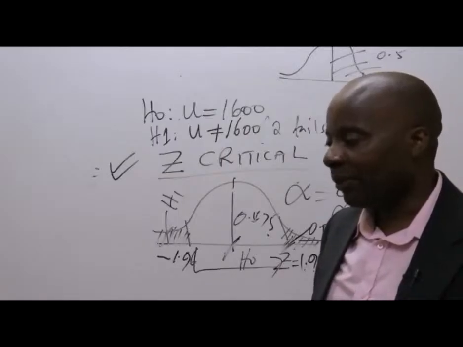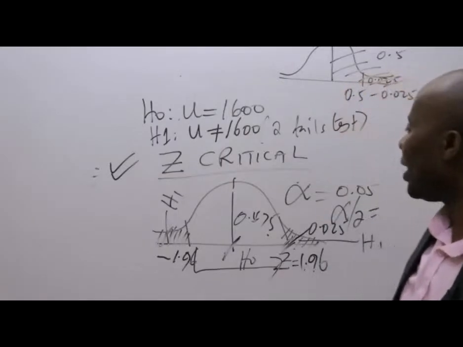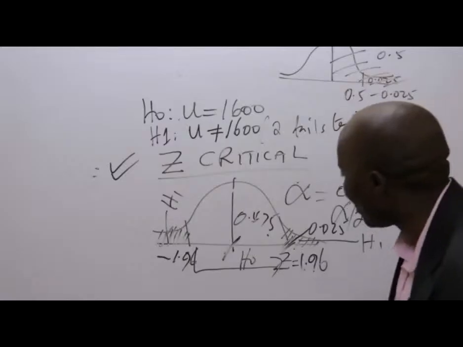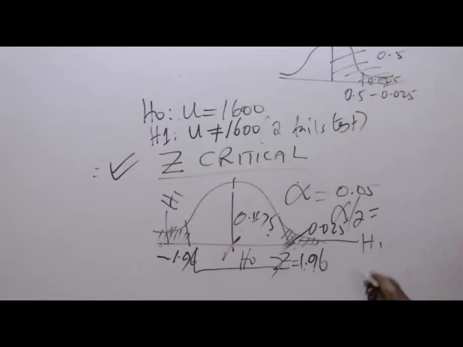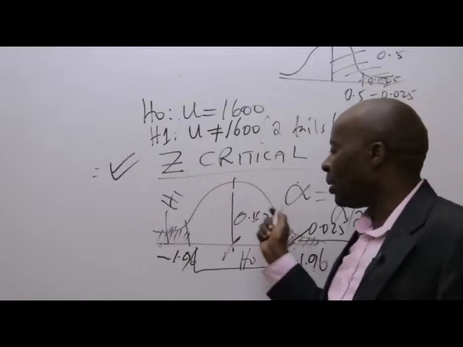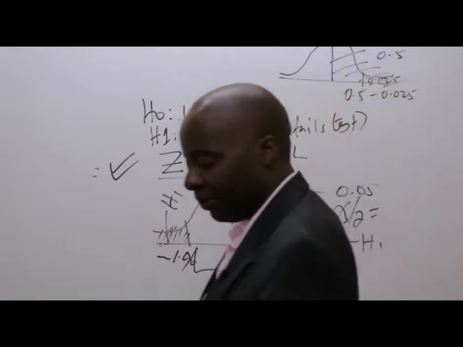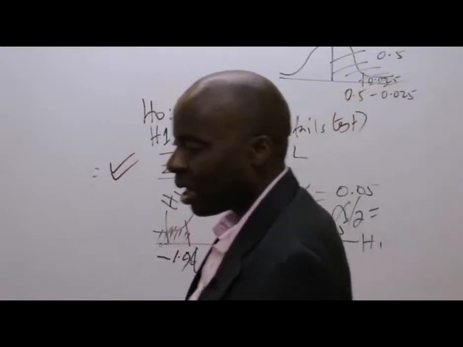Thank you very much. Great. The moment you've been able to see where we got the 0.475, you'll be able to see where we got the 1.96 from the tables. Now with this 1.96, I've said you must go to the other side and mention there 1.96 albeit with a negative.